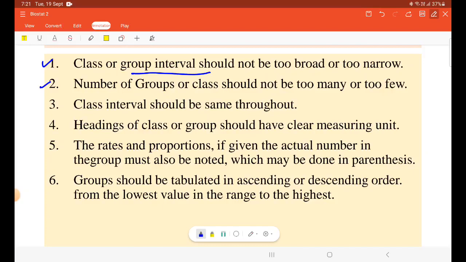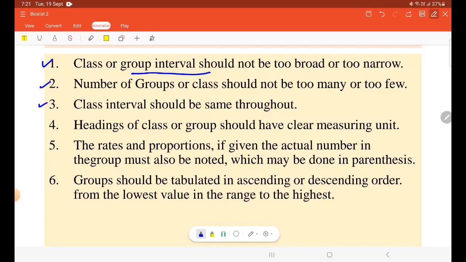Say there are 200 people. If I use 100 types of groups or categories, then it is of no use. For 200 people I can use some 3 to 4 groups. So it becomes understandable and easily presentable.